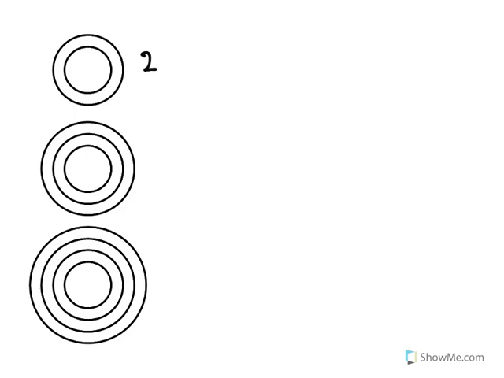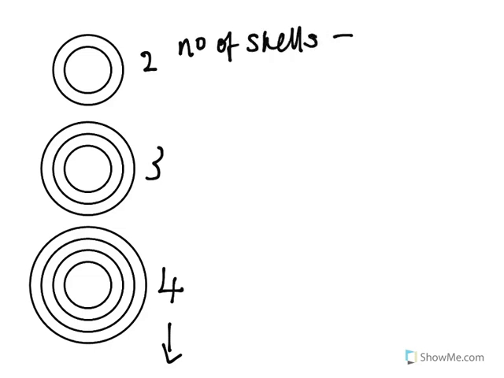This is an atom in period 2, an atom in period 3, an atom in period 4, and we can carry that right down the periodic table. And what we notice, as you may already be aware, is that the number of shells that an atom has is the same as the period it's in, the row. So if it's in the second period, it'll have 2 shells.